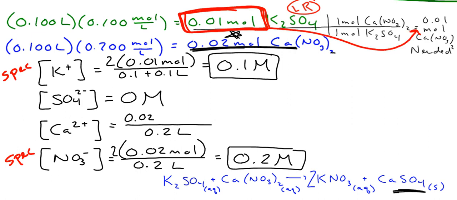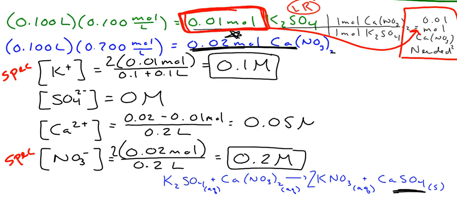Right here. This much Ca(NO3)2 is going to be consumed. That's how much is going to react. That's the hard one. So the 0.01 moles of Ca are going to be gone. They're gone. So that's Ca. So I'm going to subtract 0.01 moles. So what I get is I have 0.05 molar left. And that's how that's done.